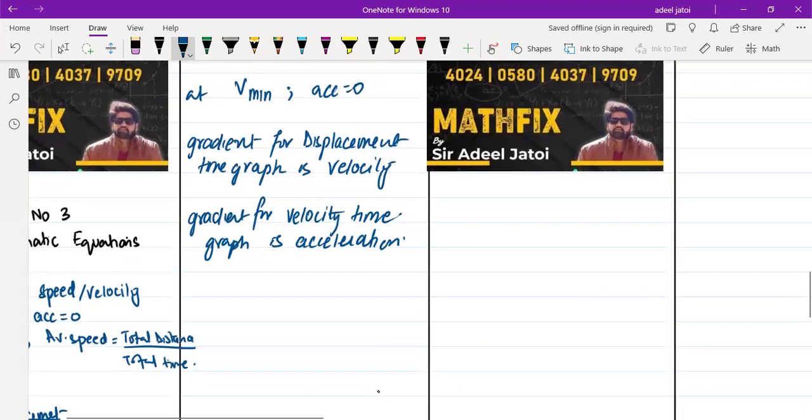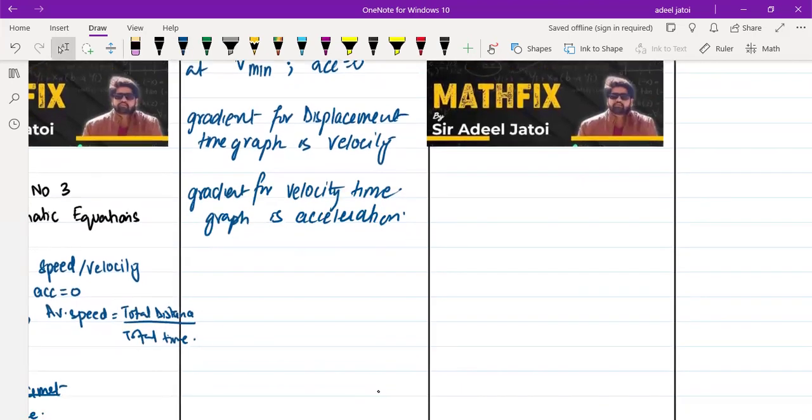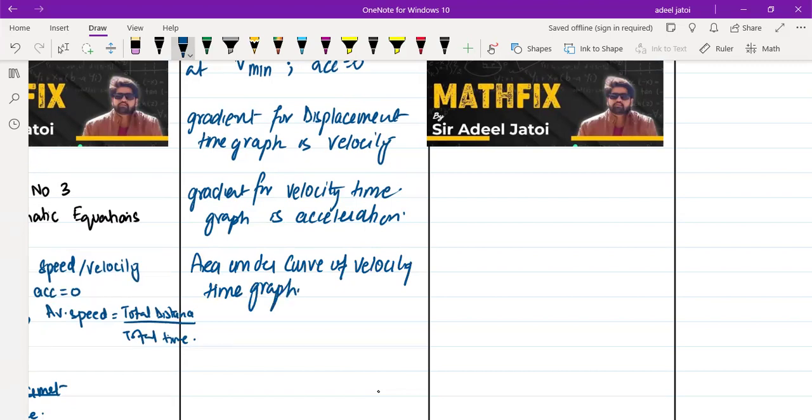Same goes with speed time graph. Area under the curve of velocity time graph, even speed time graph, is displacement.